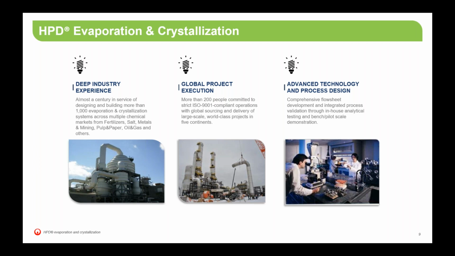And that's why we are having this webinar today to talk about fertilizers. In HPD, we don't provide equipment only. We provide engineering, equipment and other services. For engineering, we provide basic engineering and detailed engineering.